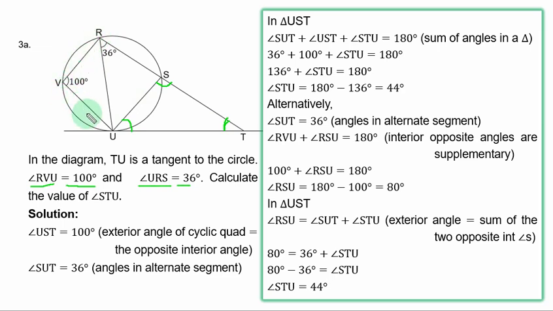RVUS is a cyclic quadrilateral. This angle is exterior and is equal to this interior opposite angle. So angle UST is equal to 100 degrees. Exterior angle of a cyclic quadrilateral is equal to the opposite interior angle.